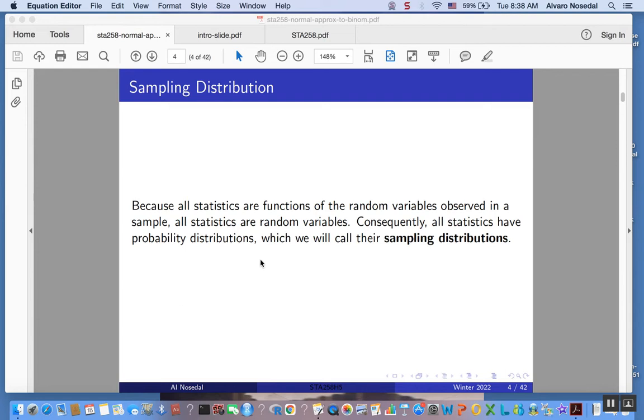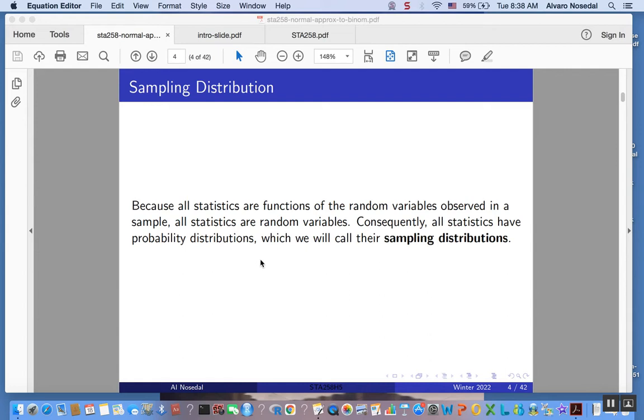Since a statistic is a function of random variables, a sampling distribution is just a fancy way of saying the probability distribution for that function. That's it. Make sense?